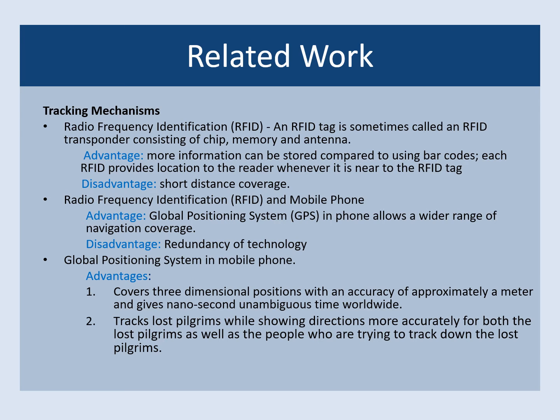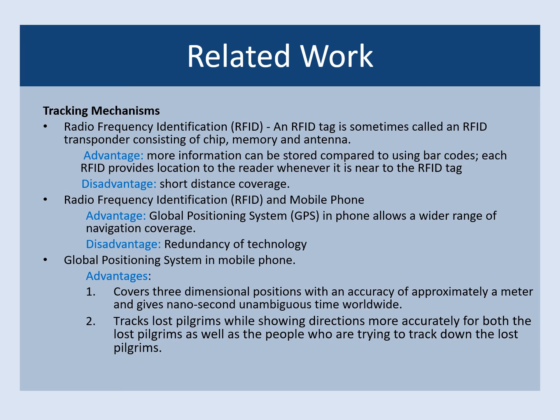The other approach is RFID combined with the use of mobile phone. The RFID is actually embedded in the wrist type of material, and the pilgrims have to wear that all the time.